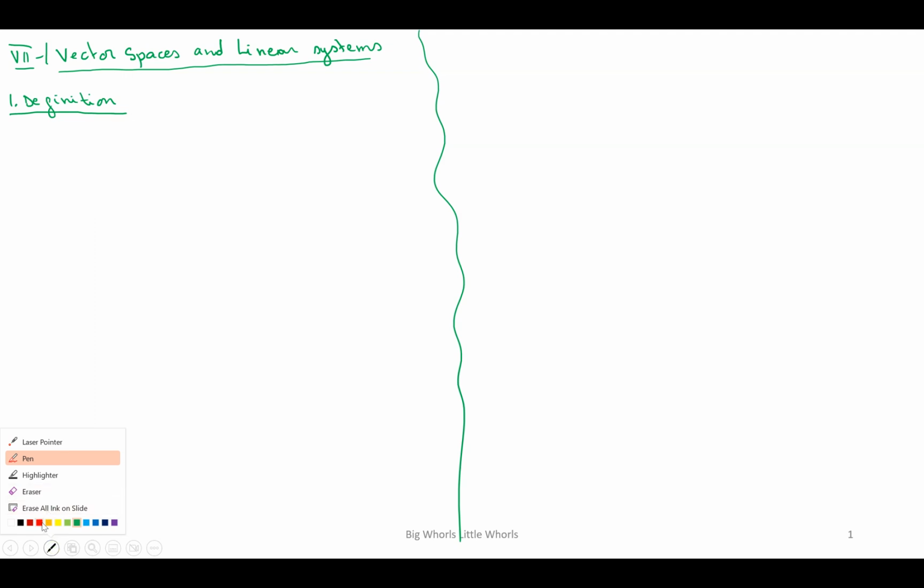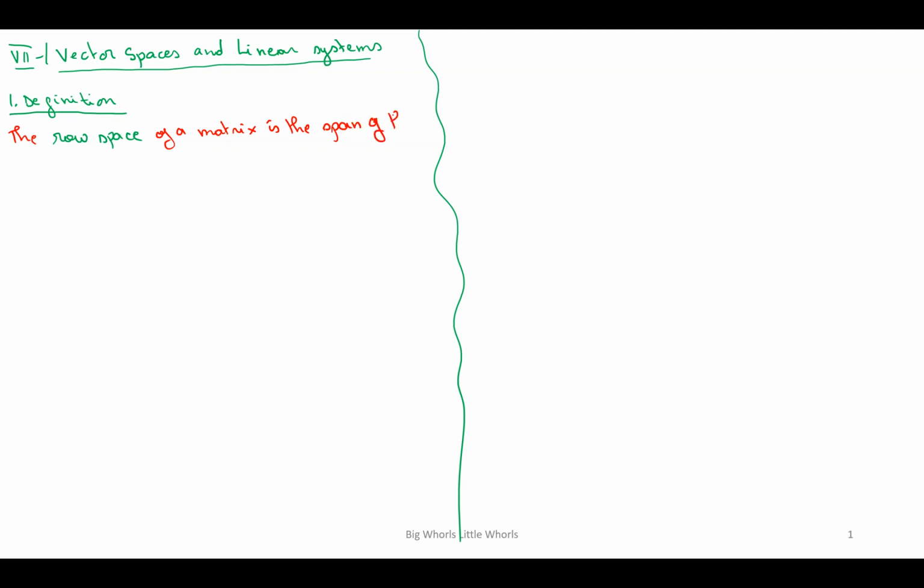Okay, so the row space of a matrix is the span of the set of its rows.